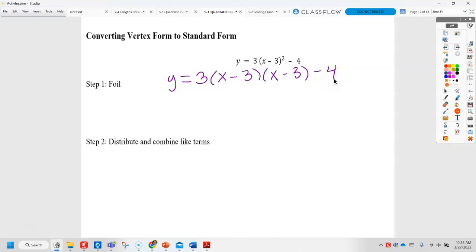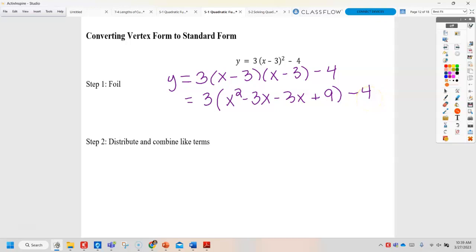Anytime you have something squared, you have to FOIL, not just distribute the square, because then you lose the middle terms. So that's 3x squared minus 3x minus 3x plus 9 minus 4.